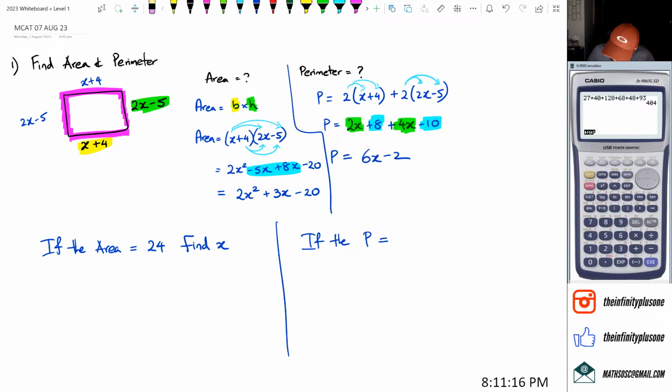I might actually do this as a different one for the perimeter. If the perimeter equals 28, find x. So these are two separately different types of questions. I'm not telling you guys the x is the same thing. It's just two different things.